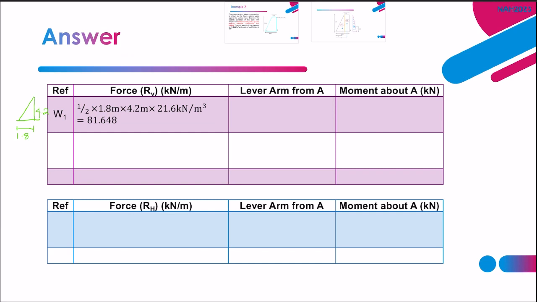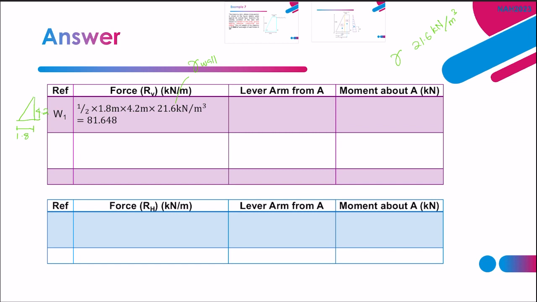And we know that this is the unit weight of the retaining wall. Because we want to get its weight, therefore, supposedly the unit weight is 21.6 kilonewton per meter cube. Meaning 1 meter cube of the wall, its weight is 21.6. For our retaining wall now, for this triangle, we want to know what its volume actually is.